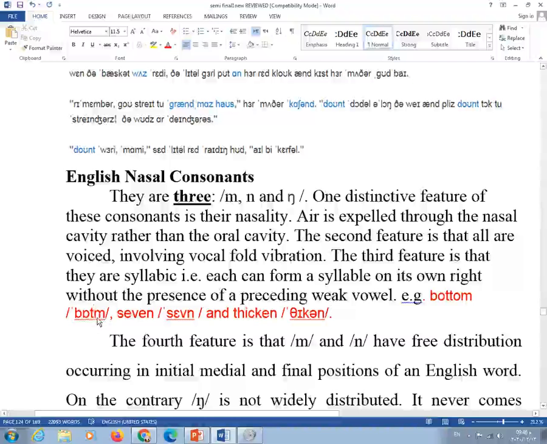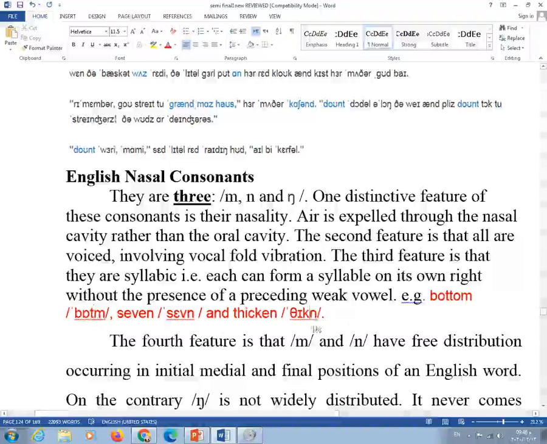When I find a schwa, I can remove it and leave only the m and the n. The same with the word sicken: I can delete the schwa of sicken, and I make this word this way.